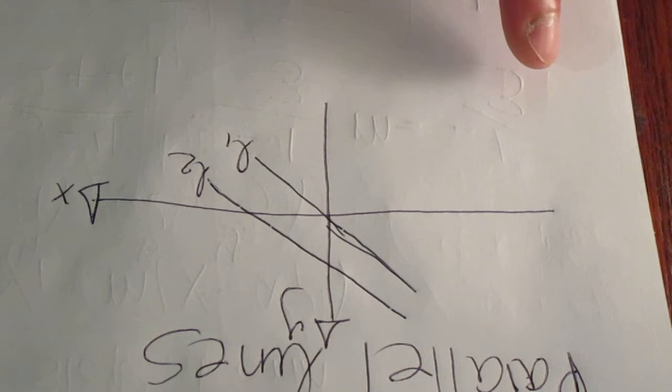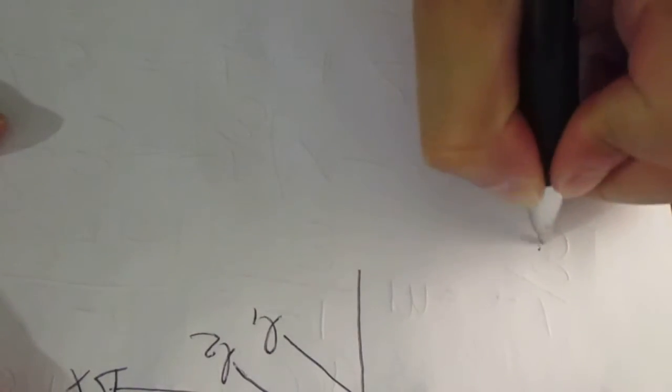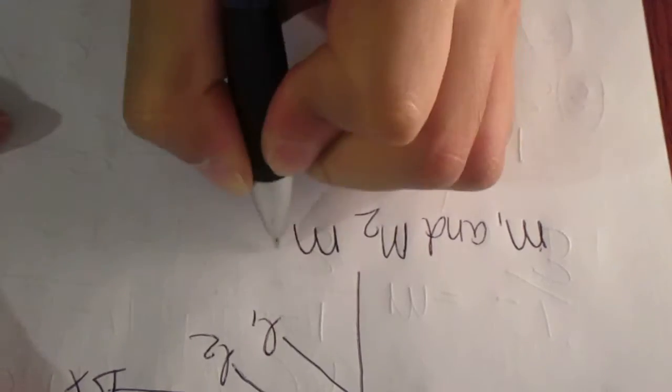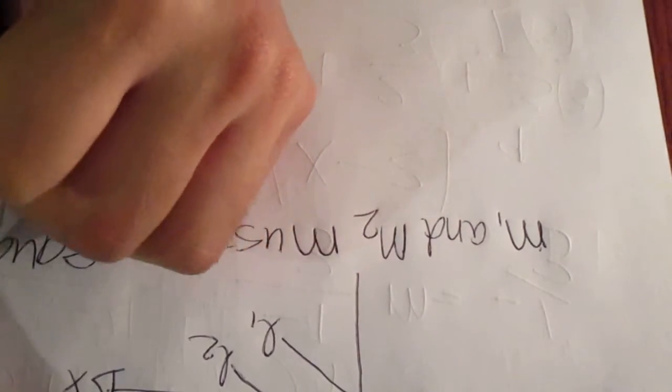So how do we determine that two linear equations are parallel? It just means that their slopes m1 and m2 must be equal. That's all it means if it's parallel. So let's do an example.